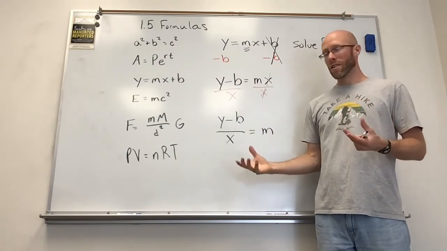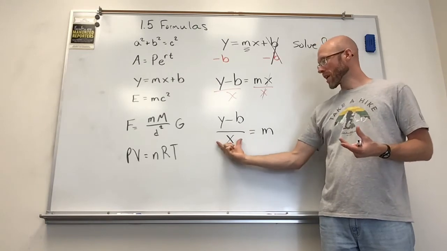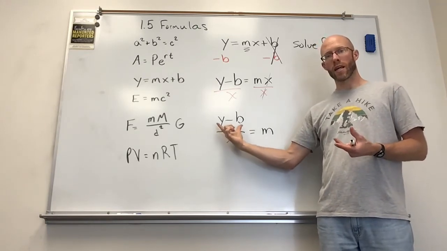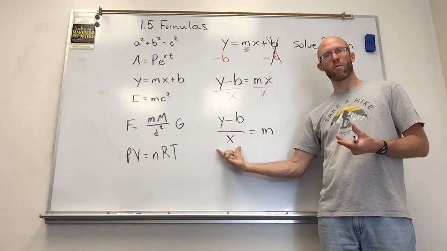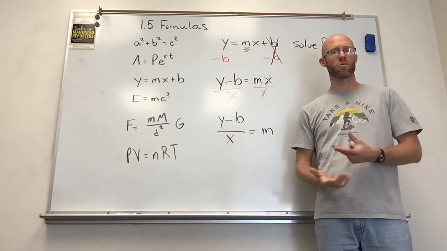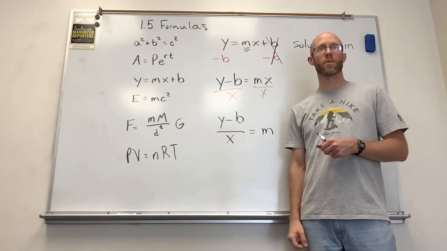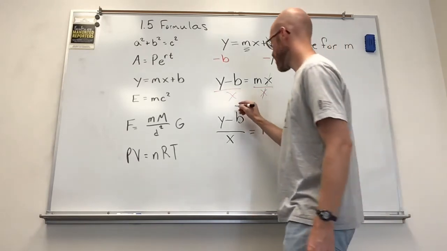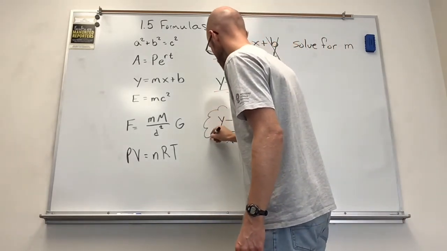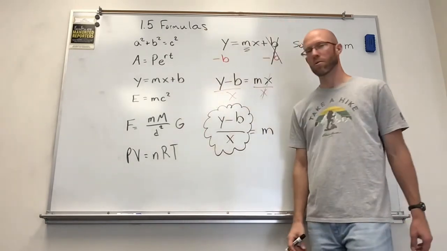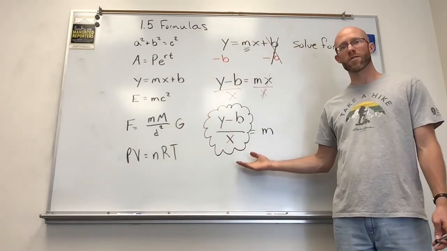The only hard part about this is that we just can't simplify anything. I can't combine y and b, and I can't combine that with the x, because they're all different variables. They're all unlike terms, so there's nothing I can do to simplify. So we just have this expression as our answer, and it is a valid answer. Put a cloud around that. That's our answer.